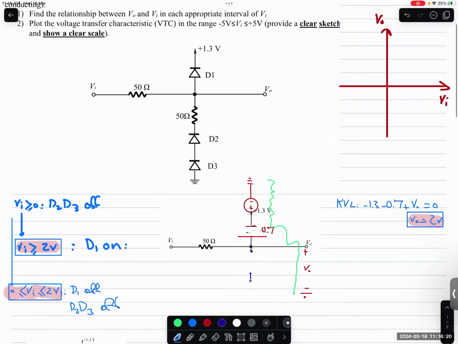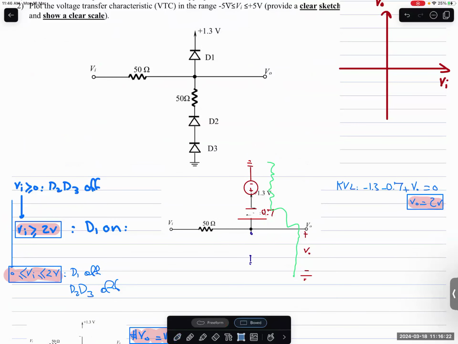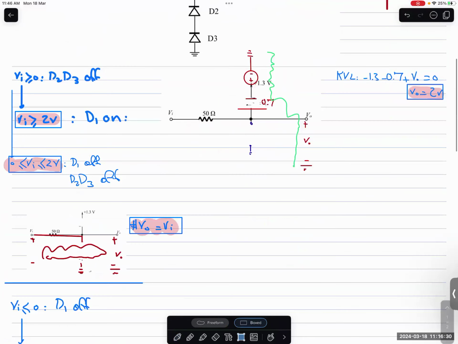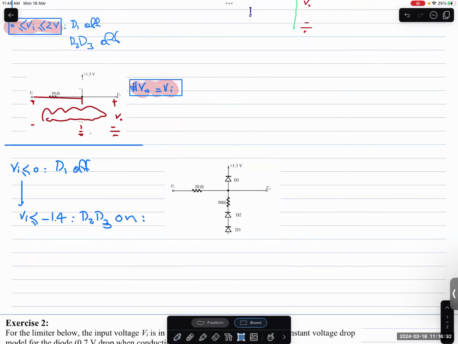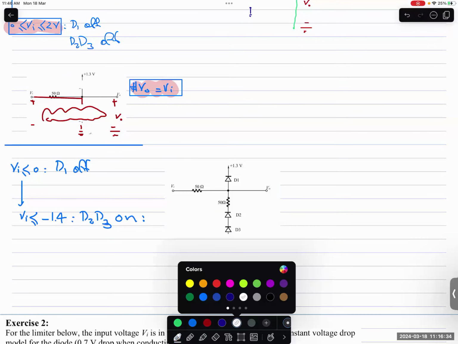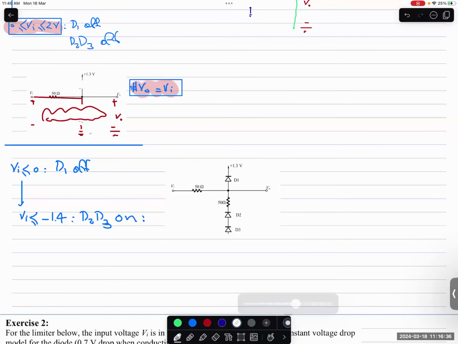And the circuit becomes like this. So D1 is off. I don't care about the upper part. Okay, and this will turn on.